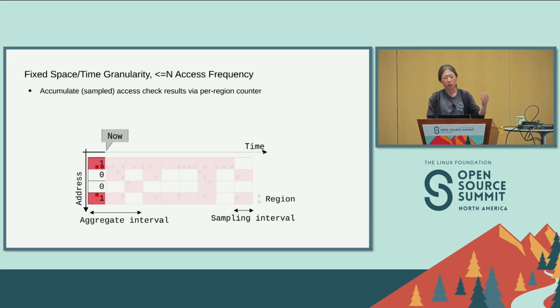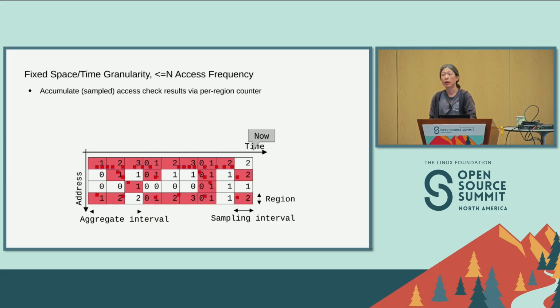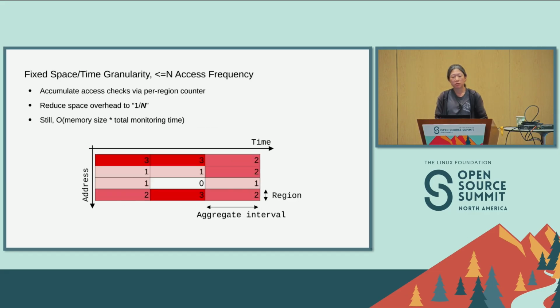That is, just adding a per-region counter and counting the sampling access check results as time goes by. For example, we check the access to each region in every sampling interval, and then increase the per-region counter based on the result. This means we can now reduce the space overhead to 1 per n, where n is the maximum access frequency.